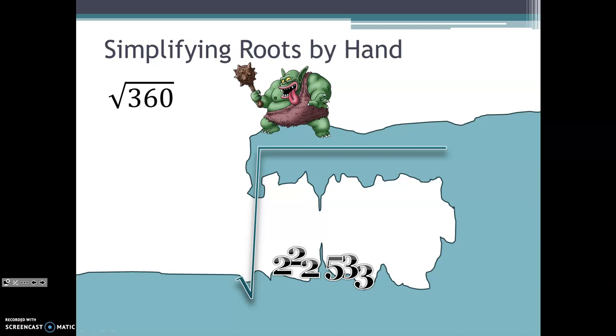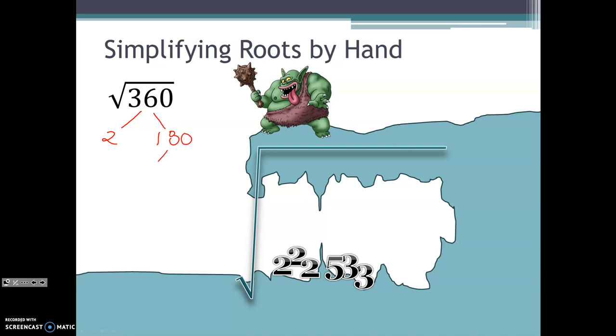So you guys see all these numbers that are trapped up here in this radical cave. Well, where do those numbers come from? If I look at the square root of 360 and I break 360 down by its prime factors, I could split up 360 into 2 and 180.